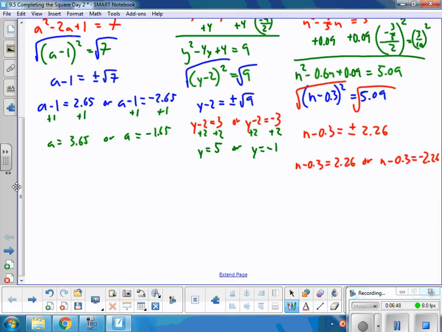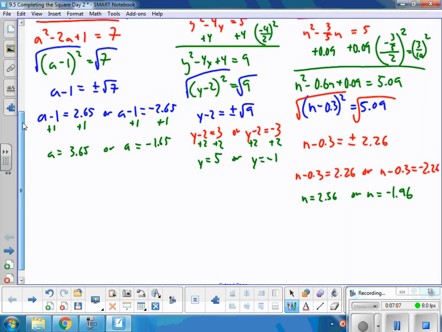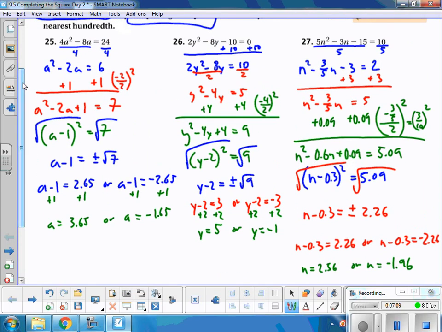And when I add 0.3 to both sides of the equations, I end up with n equals 2.56, or n equals negative 1.96. My answers being negative 1.96 or 2.56. A lot of details to keep track of, so keep an eye on them.